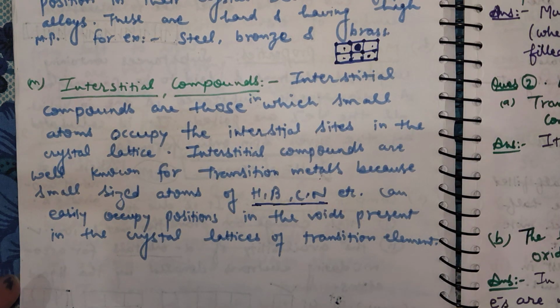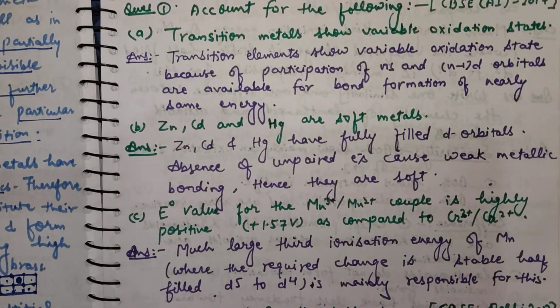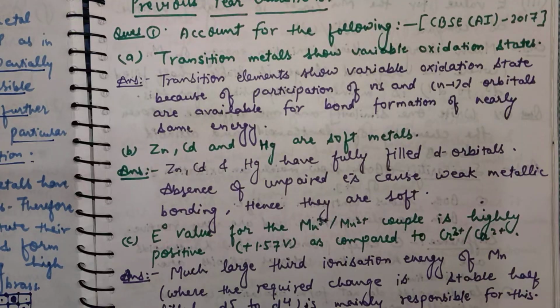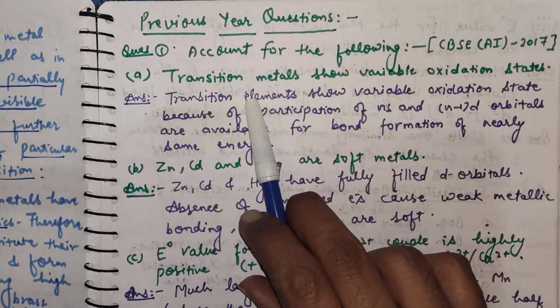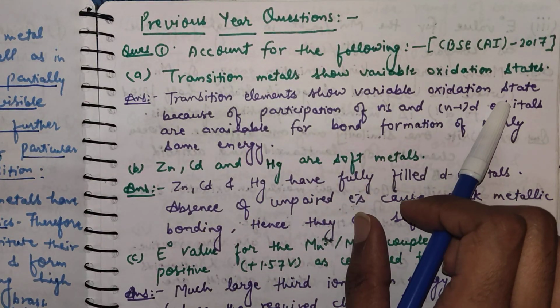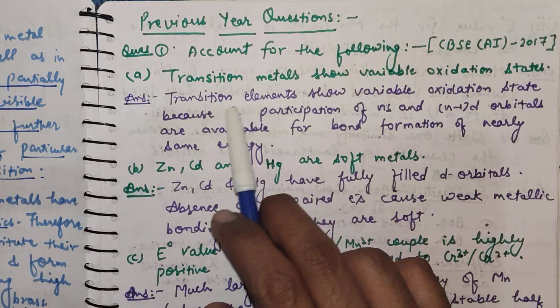Now let's talk about a previous year question asked in the CBSE examination. The question is: account for the variable oxidation states of transition metals. We have discussed it earlier.